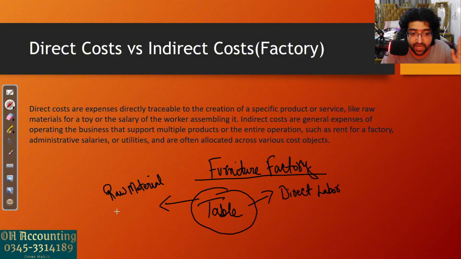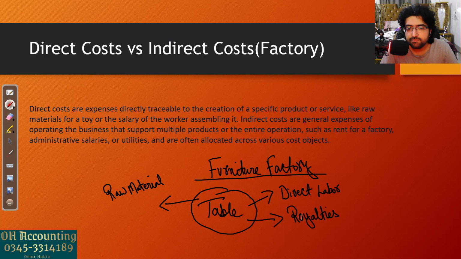This is also a direct cost because this raw material is specifically being used to manufacture these tables. So it can be easily traced. Okay, this much wood was used to manufacture this table. ठीक है? Easily traceable, directly traceable. And not just raw material, you will need a lot of other things as well to make this table. Then what else? ठीक है? There is a term called royalties.